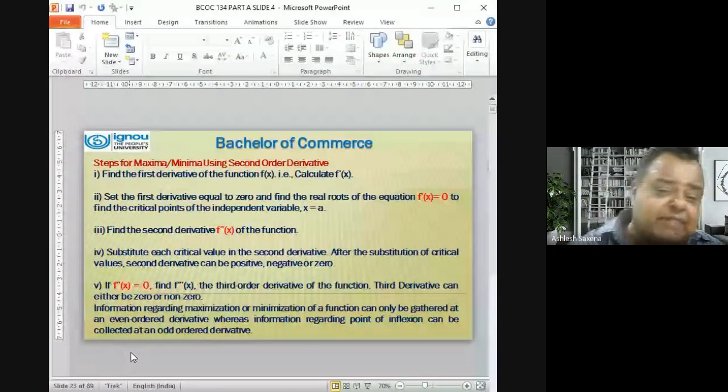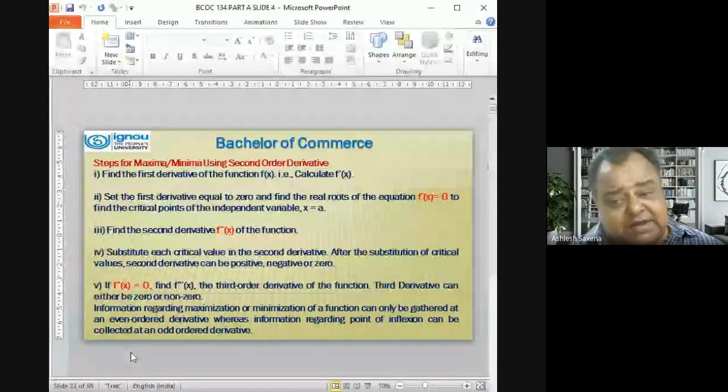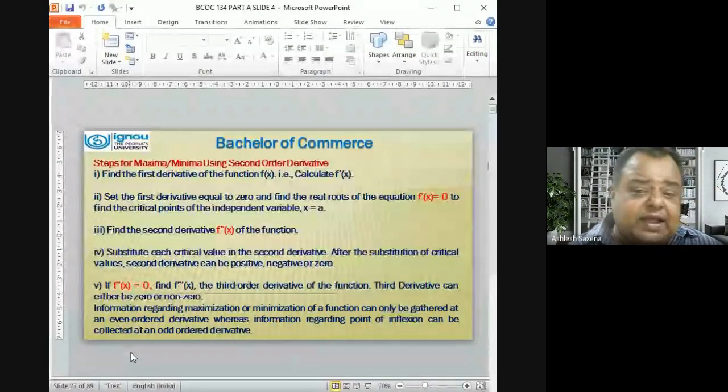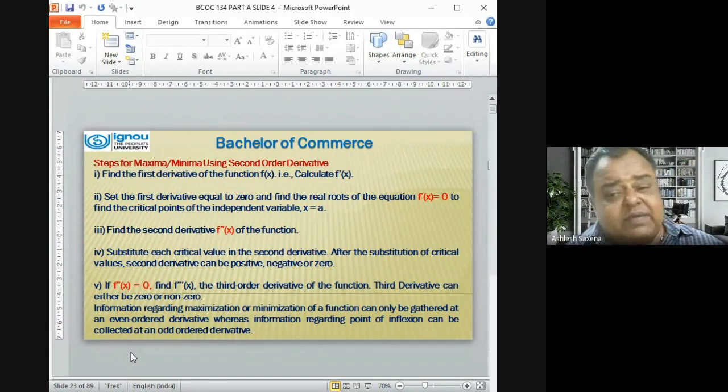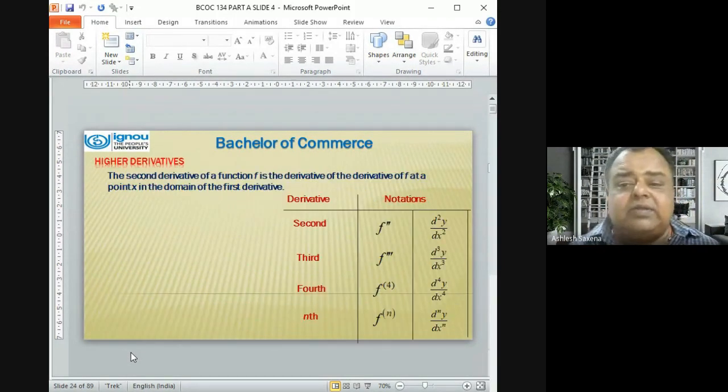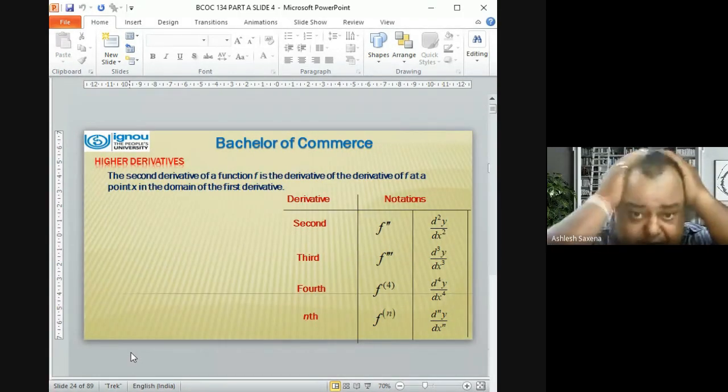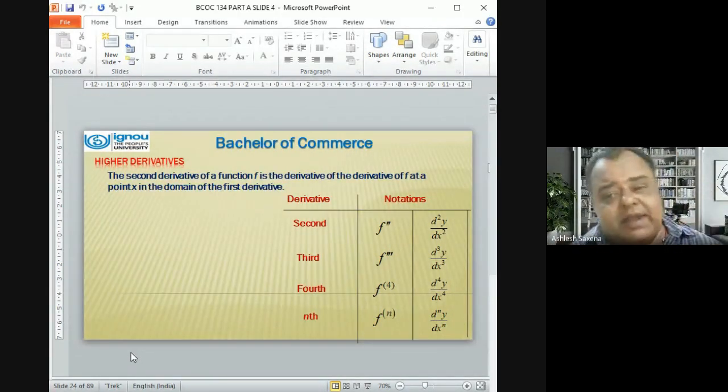Information regarding maximization and minimization of a function can only be gathered at an even ordered derivative, whereas information regarding the point of inflection can be collected at an odd order derivative. Now see how they are represented. First order, dy by dx.